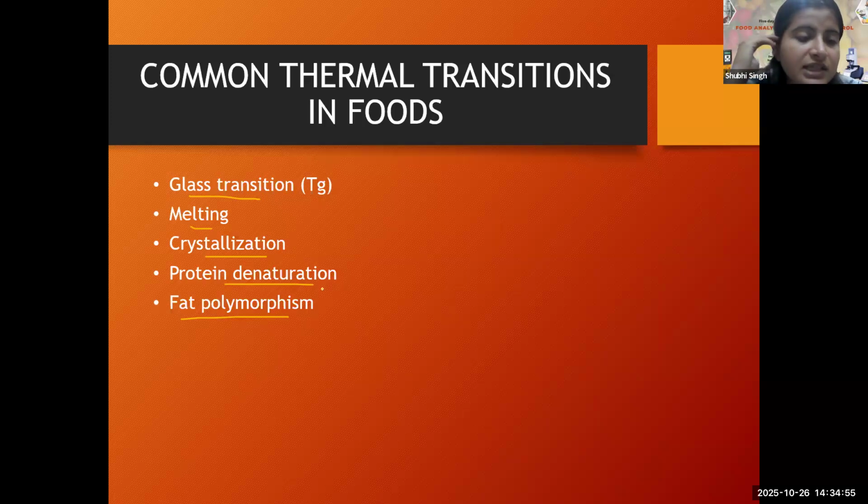Basically, glass transition applies to amorphous carbohydrates, and with carbohydrates we usually deal with glass transition temperature. Melting is seen in fats or crystalline sugars, and crystallization we can see during storage. Protein denaturation occurs during heating, like if you are dealing with milk, paneer, or yogurt, milk based products.